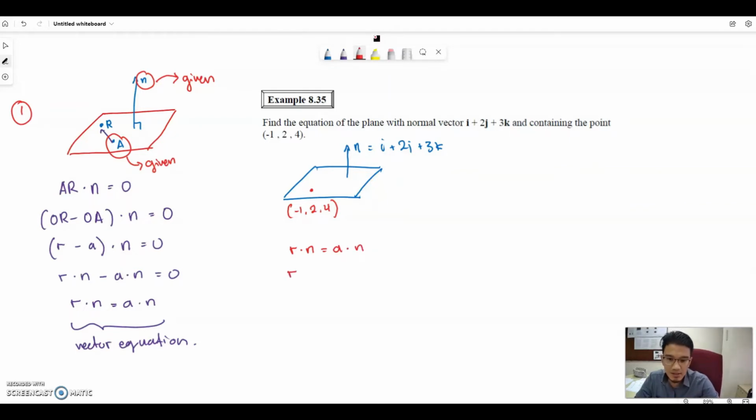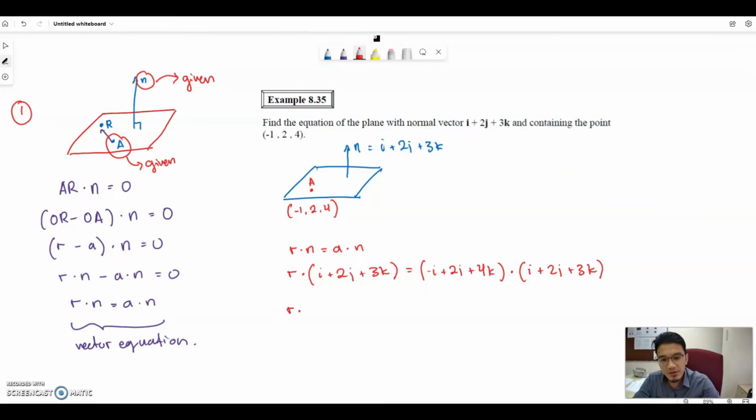So r is unknown, it could be anywhere, so it stays as r dot n, where n is the vector perpendicular to the surface of the plane, that is i plus 2j plus 3k, equal to the vector of A. This is the point A, meaning the position vector from the origin, -i plus 2j plus 4k, dot product with vector n, i plus 2j plus 3k.